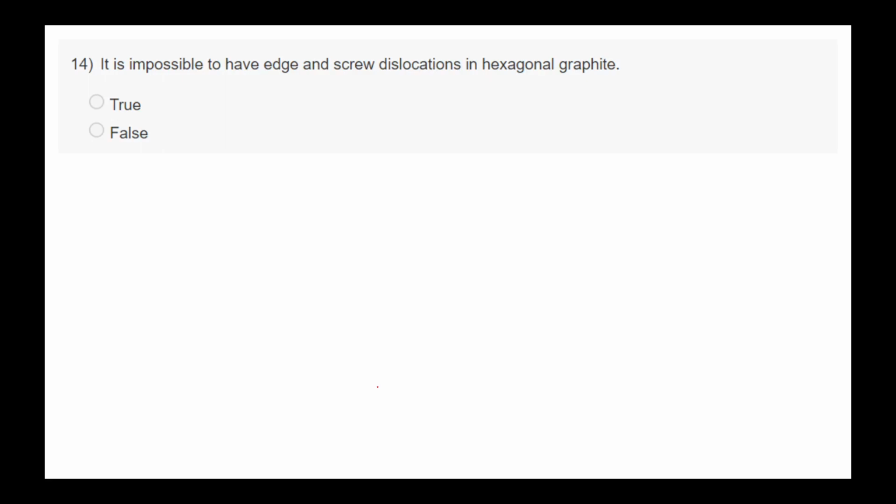It is impossible to have edge and screw dislocation in hexagonal graphite. Is it possible or not?